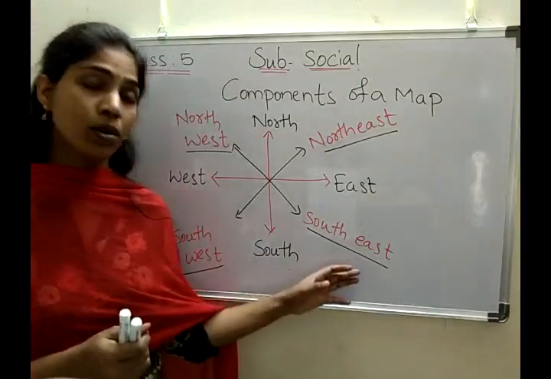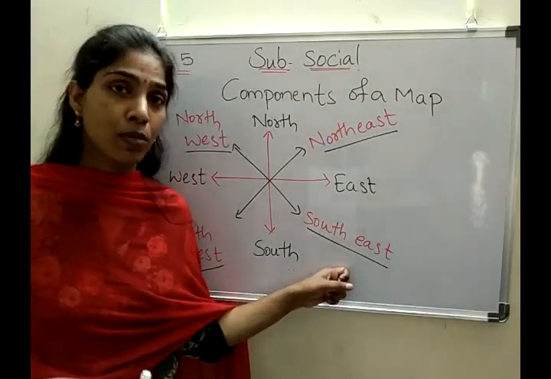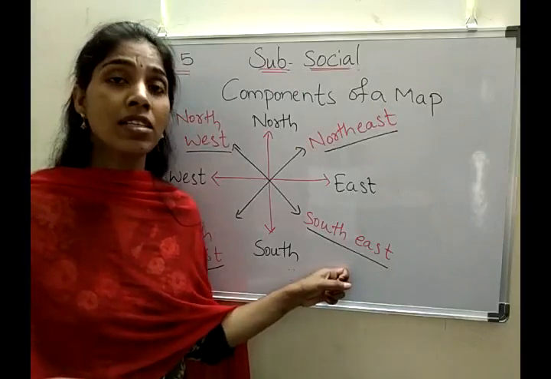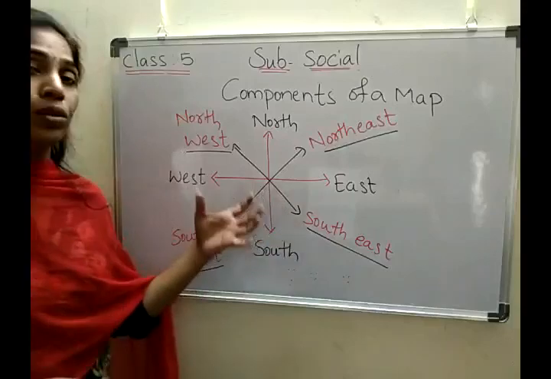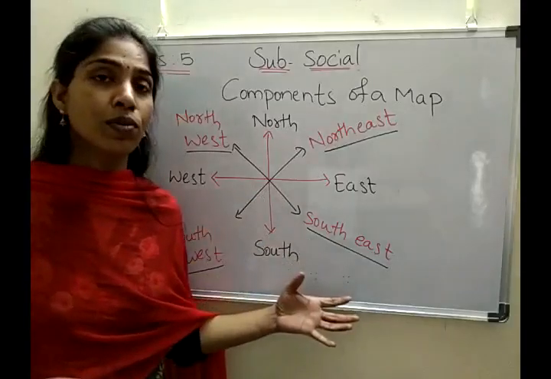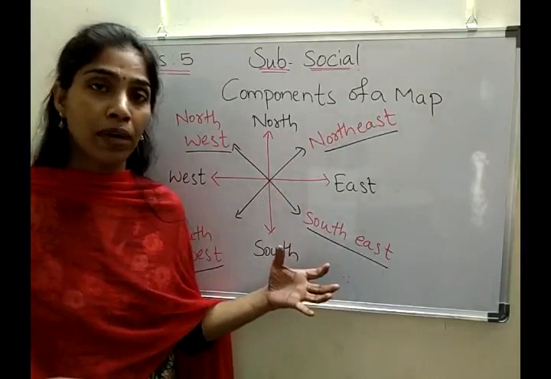So once again, intermediate directions help us to find places more accurately. Got it children? So directions are more useful when we want to identify or locate places.